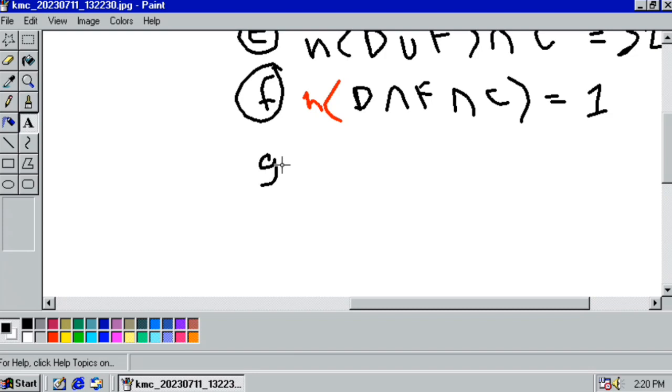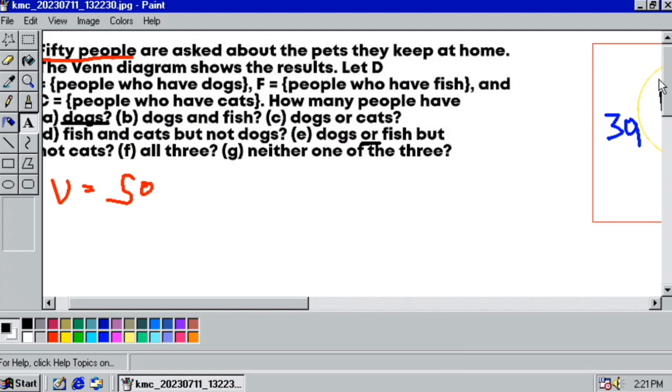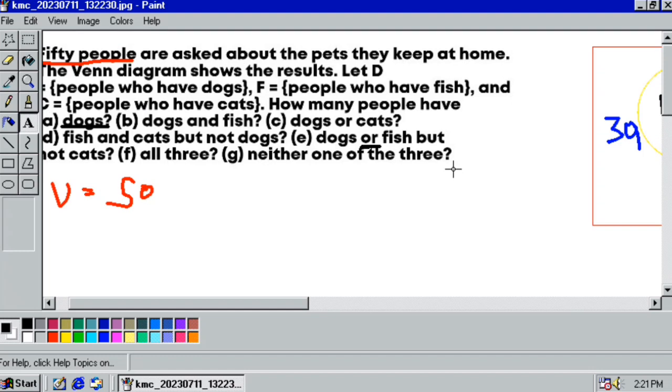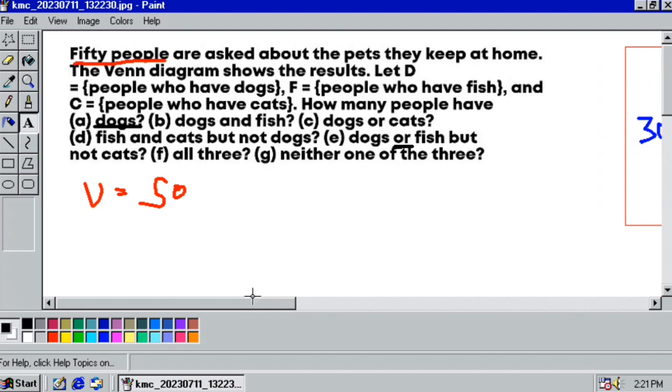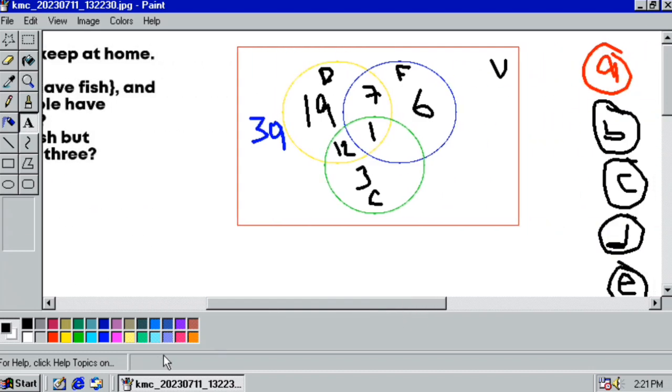Next, let's have G. Neither one of the three. So we're looking for the universal set. I mean it's not the universal set yet. By the way, 39 is not the universal set. This is just the dogs added.